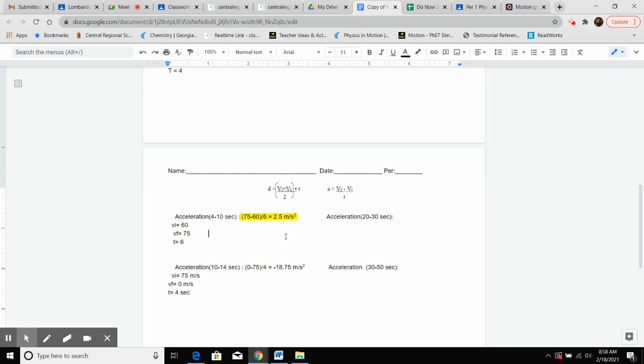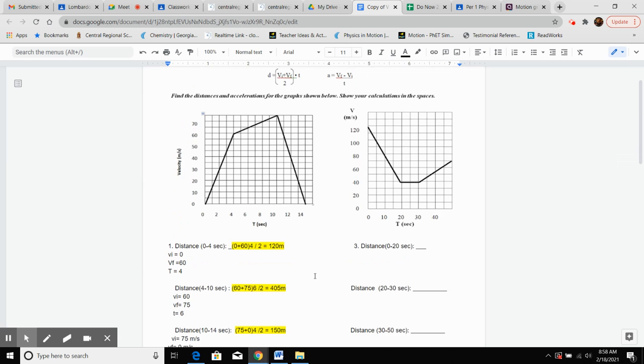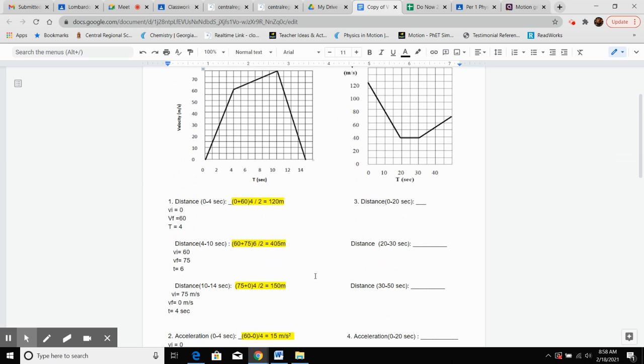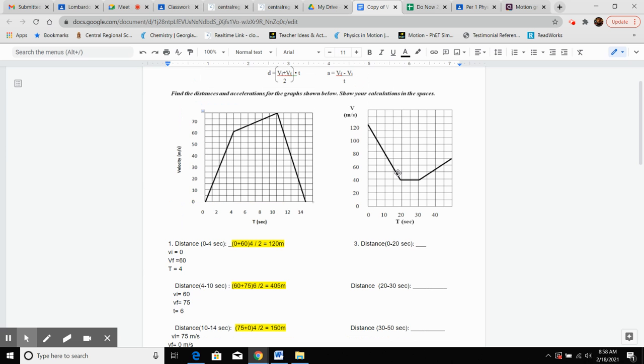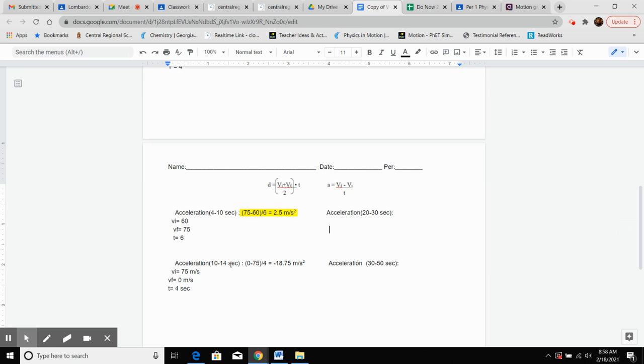Get your VI and VF underneath where it needs to go. So you guys are going to complete the graph to the right, so you have a whole set of information to look at. You have a whole thing to look at to base your answers off of.